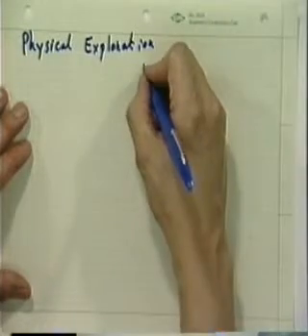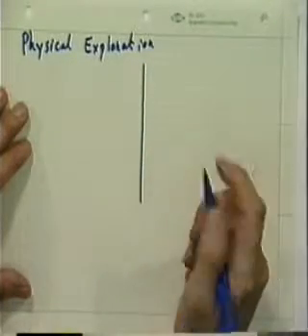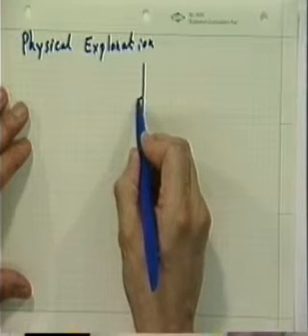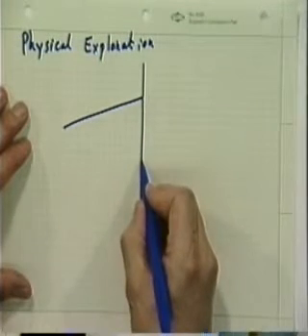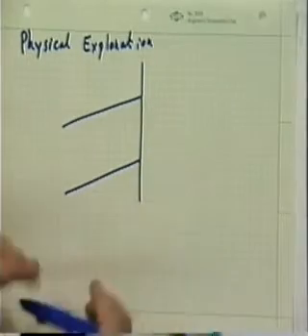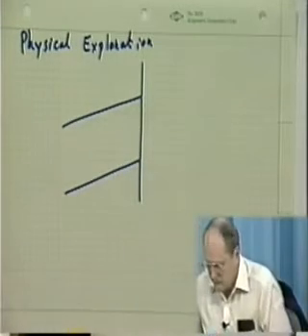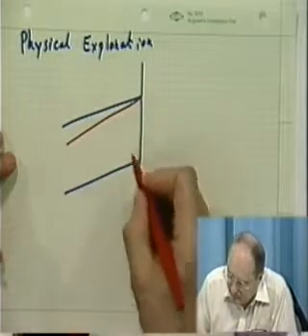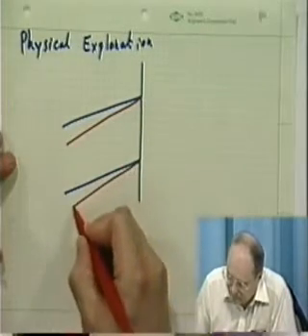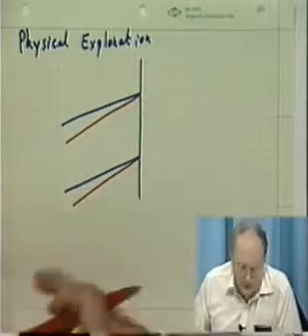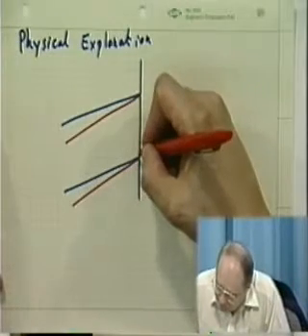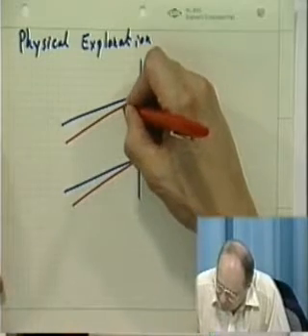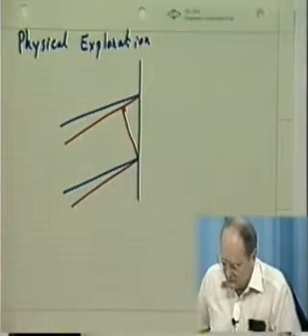So what we have here is two beams interfering. One beam like so, and another beam at a different angle. And we can draw perpendiculars between the two rays here.